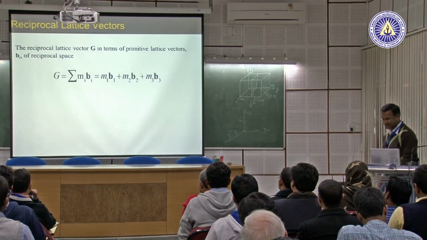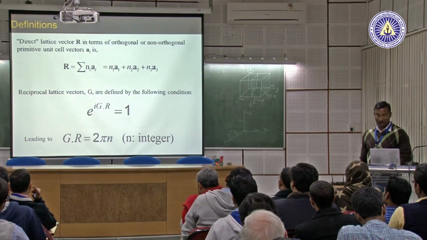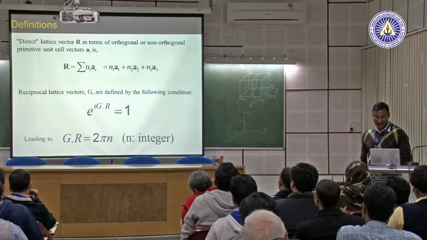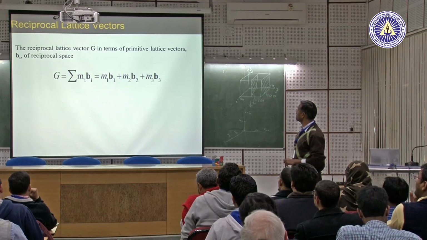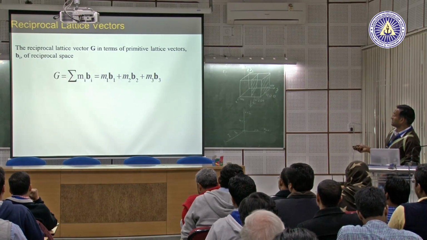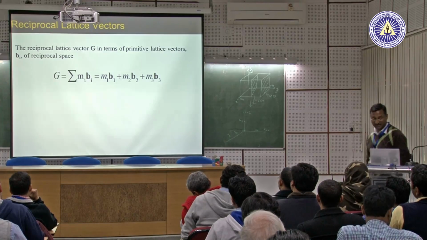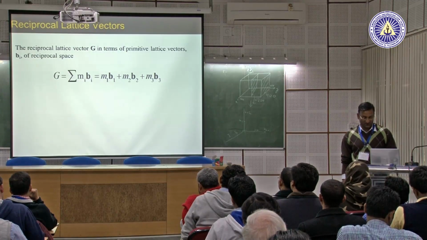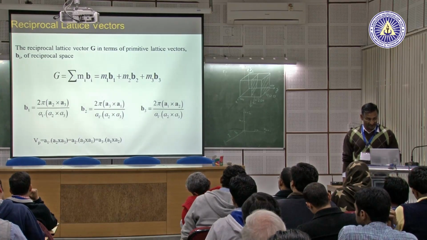So if this condition is true, where G dot R is equal to 2 pi n, then I can define this reciprocal lattice vector G in terms of primitive reciprocal lattice vectors b. So I can say that G is equal to summation of mi bi, or in 3D space m1 b1 plus m2 b2 plus m3 b3, where b1, b2 are reciprocal lattice vectors.